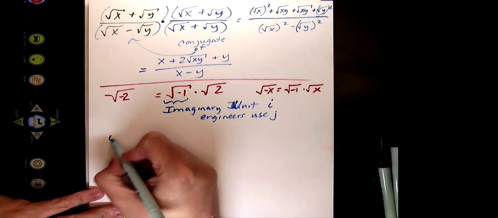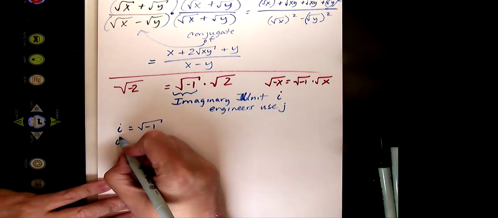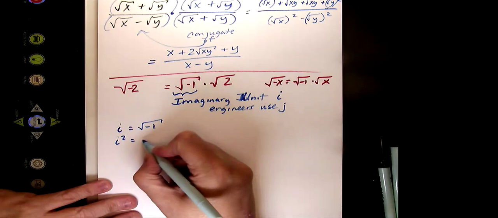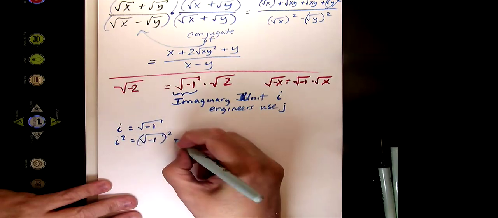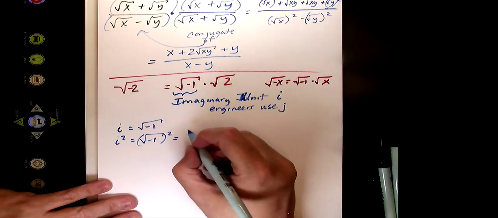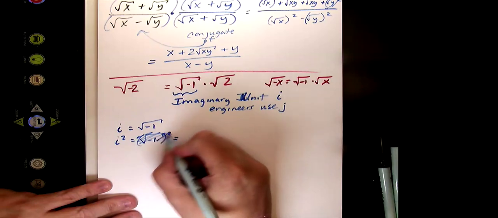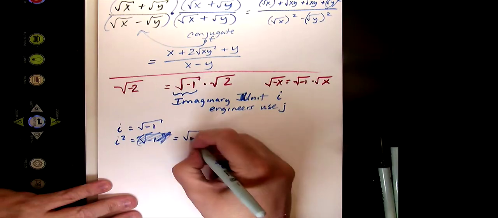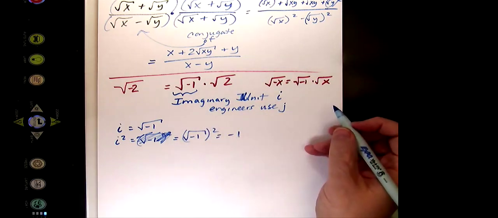So i is the square root of -1. i squared is the square root of -1 squared, which is the absolute value. Nope, it's just -1 there, sorry. This is treated as -1.